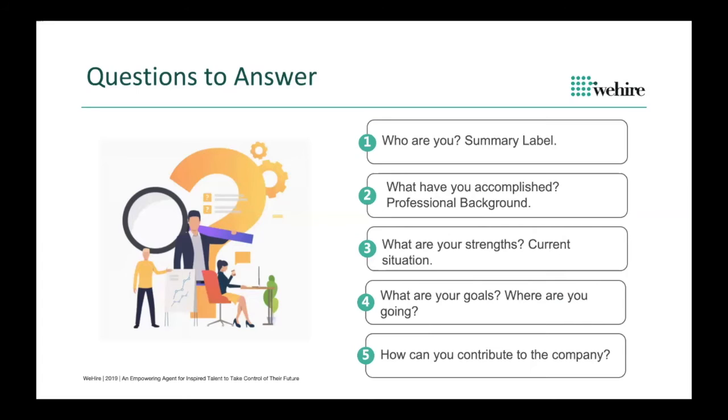So that would be your professional background, whether it's both work experience or just volunteer. Make sure you talk about what you've accomplished in those jobs you had in the past. What are your strengths? For example, you are very organized, you have great time management skills, and you have a great technical background to perform an analytical job.